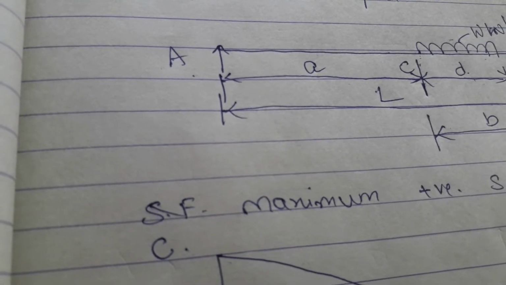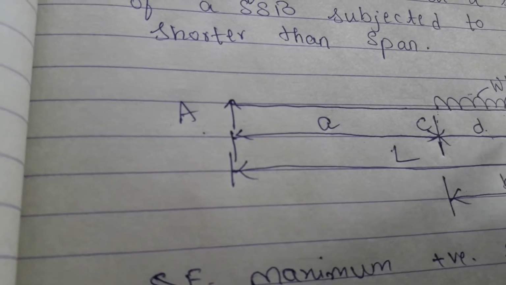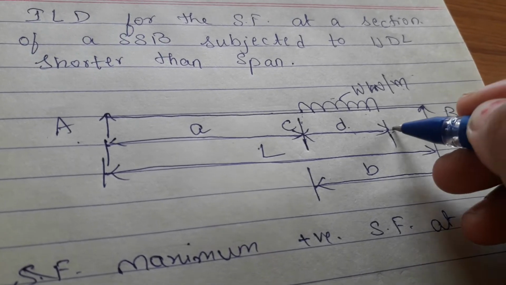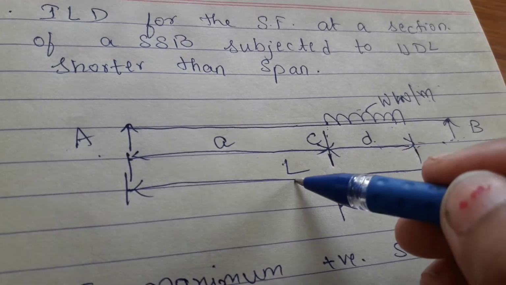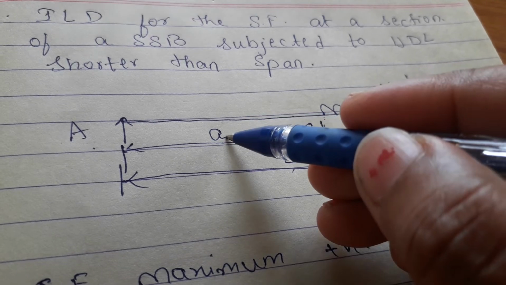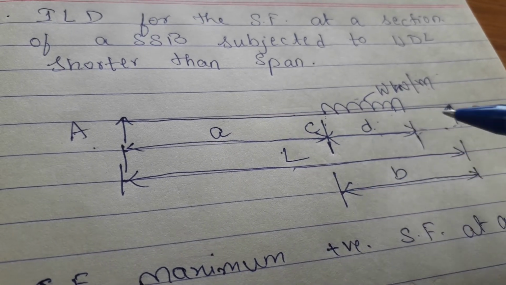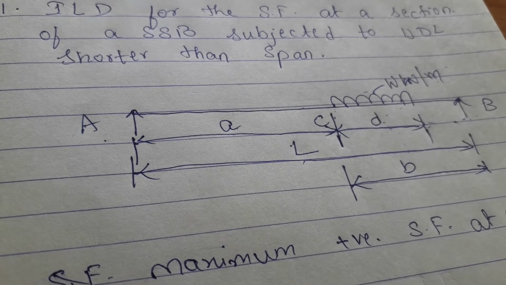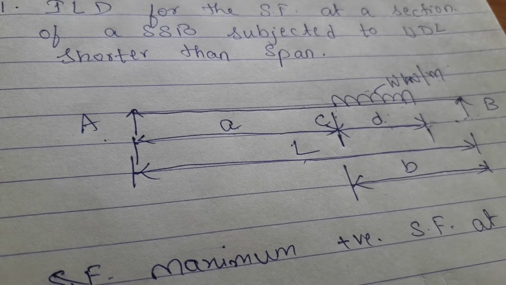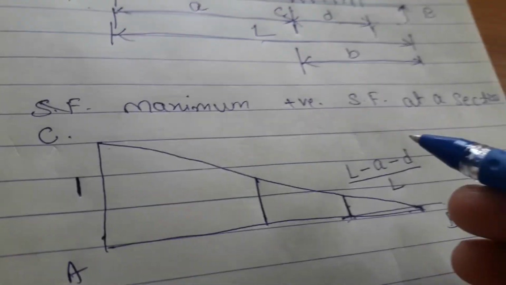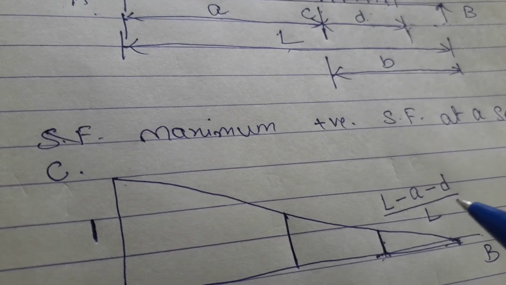So the ordinate at this point will be this span divided by L. So what is this span? The span is equal to L minus A minus D. So here the ordinate will be (L minus A minus D) by L. In the previous videos I have shown you how to calculate this portion, so now I am writing that directly.